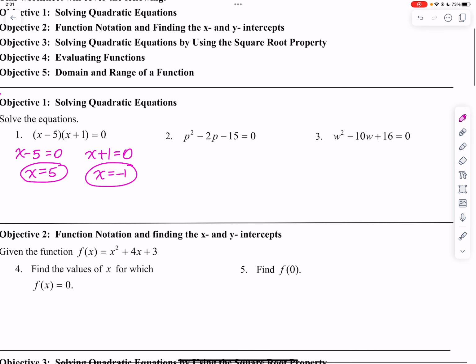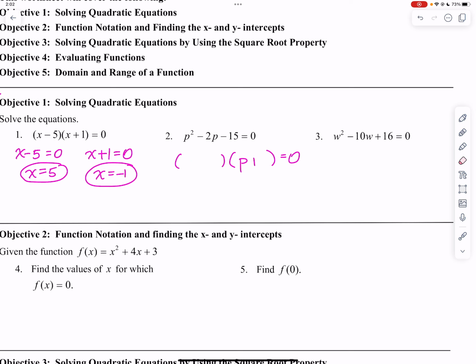In number 2, as you can see, we have a quadratic that we will need to first factor. And of course, we have 2 numbers multiplied together to equal a negative 15 and add them together to equal a negative 2. And as you can see, this will be a minus 5 and a positive 3.